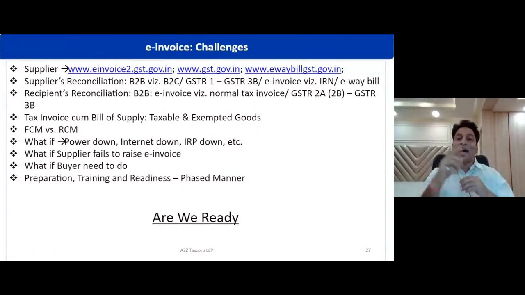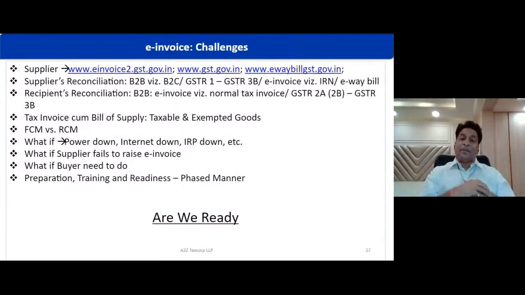Maybe it will happen down the line, but at the moment, you need to be on three portals. First, for generation of e-invoice on the IRP portal. Second, on the GST common portal for filing GSTR1 and GSTR3B. Third, for generation of e-way bill. The challenge is nothing but what we are all telling the government: kindly integrate.